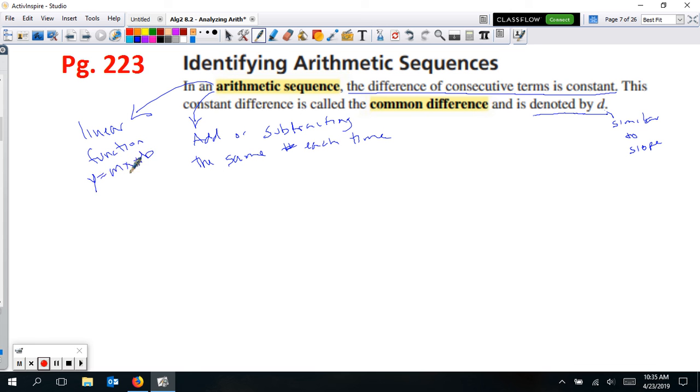When we write the rules, it's going to be in that kind of form. Our y, remember, is going to be a of n. So a of n is what's going to equal y. Instead of x, we're going to put n. This is a little different notation, more like sequence notation.